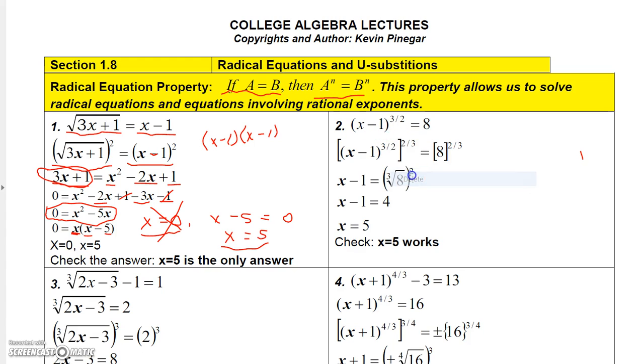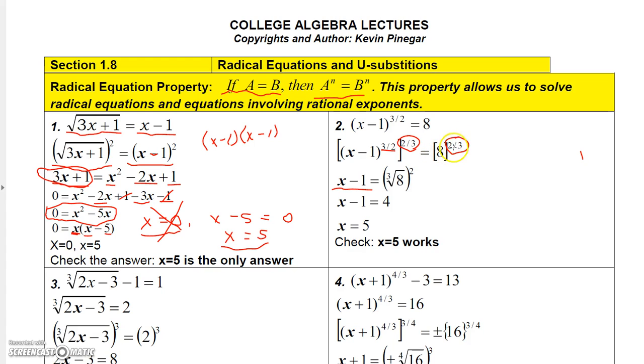So to eliminate this 3/2 power, if I take all of this x minus 1 that's raised to the 3/2, and if I raise it to the 2/3, then the 3/2 times the 2/3 basically cancel each other out, and I get x minus 1 to the 1st power, which is the same as just x minus 1. Now, of course, I can't raise this side to the 2/3 without raising this side to the 2/3. So I have to raise that side to the 2/3 as well.